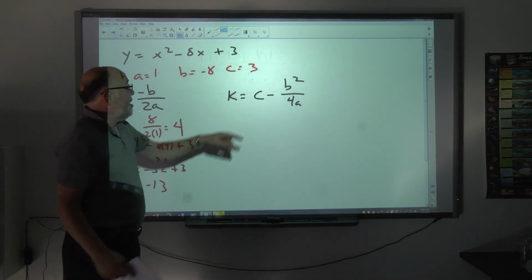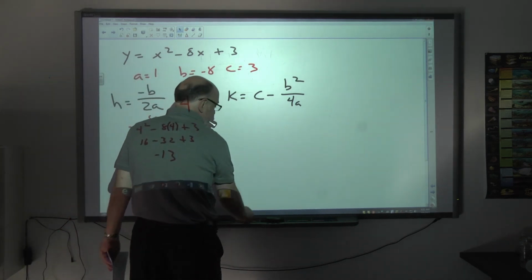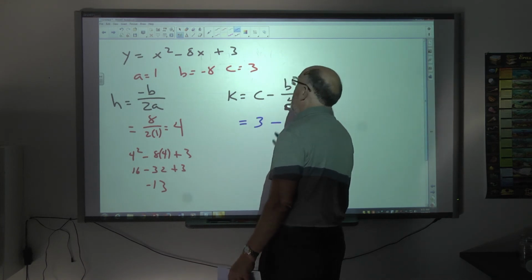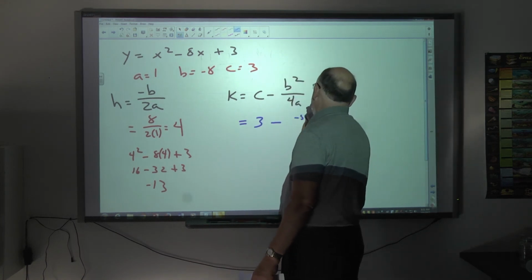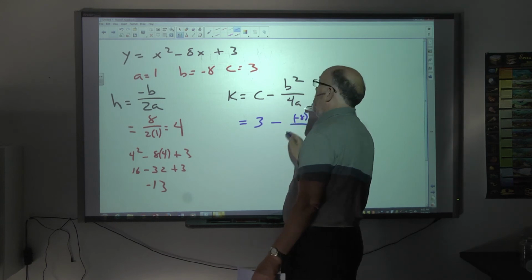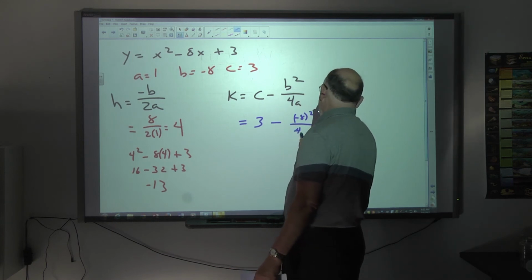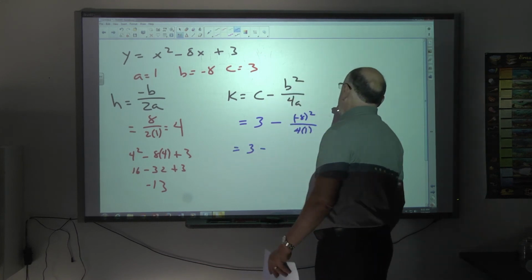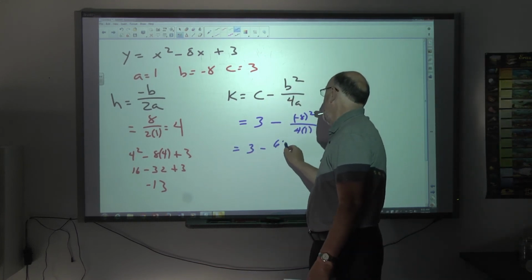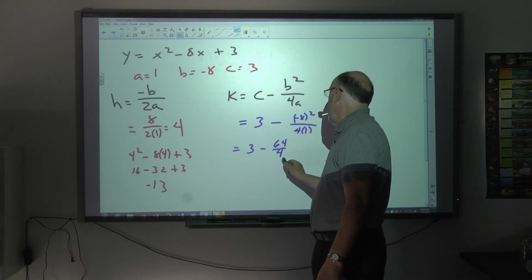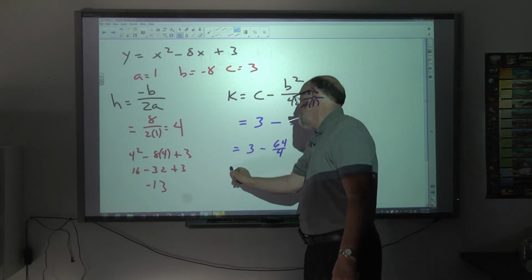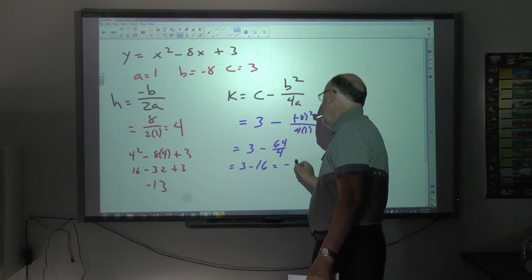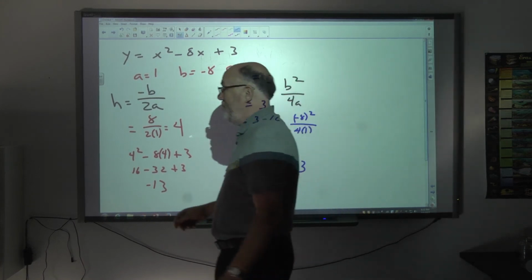And if I do it over here, we should find out that we get exactly the same number. And so c is 3 minus -8 squared over 4 times 1. -8 squared is going to be 64 over 4, and so this is going to be 3 minus 16, and we get the same value either way.